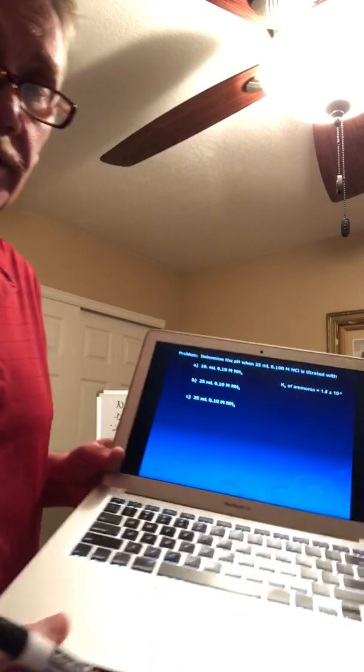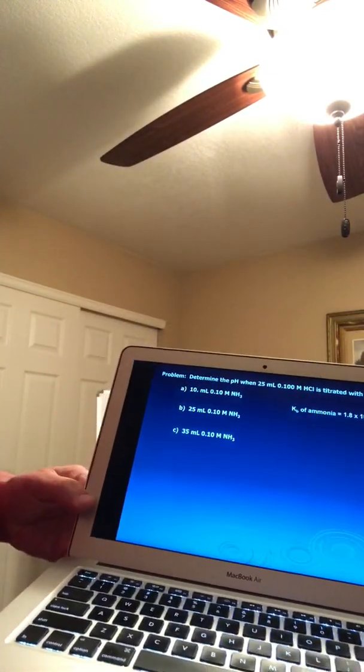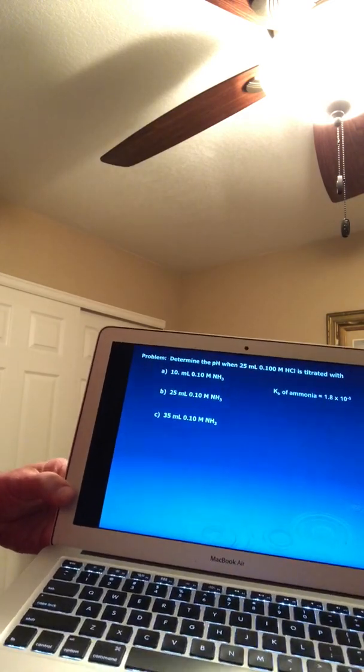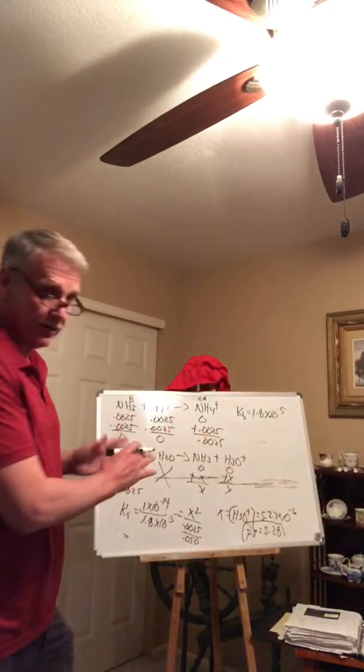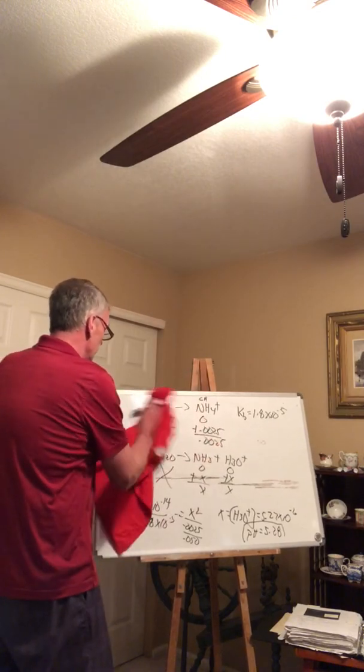Okay, and then the final scenario, C, and there I finally did include the Kb value, but now we're going to have excess NH3. So again, if you got that, or you can go back and look at that. So now I'm going to do scenario C here.